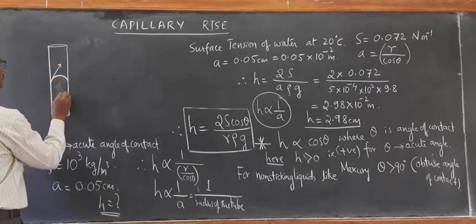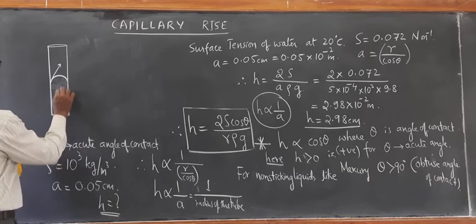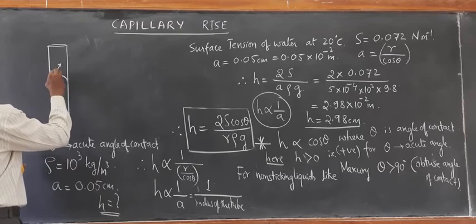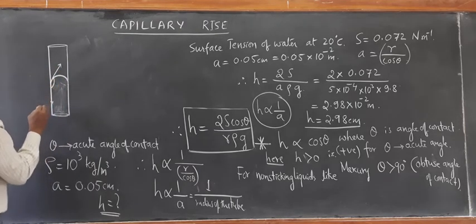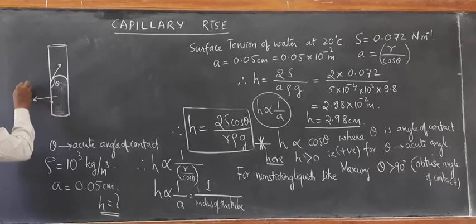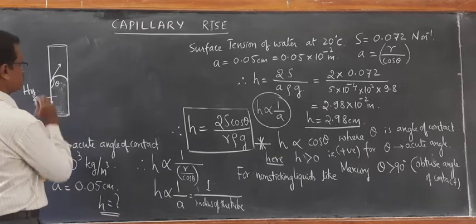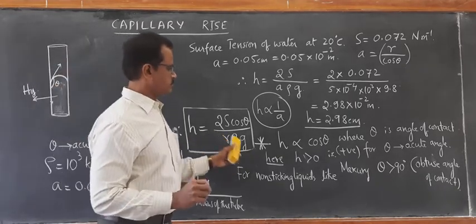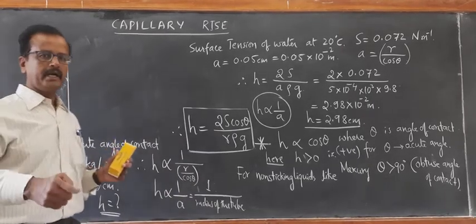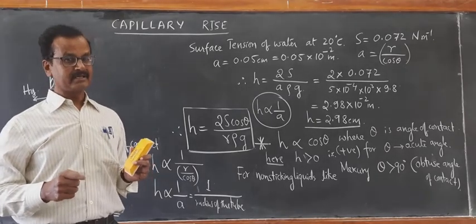This is the mercury and it will form a convex surface with the solid. This angle made in the interior side of the liquid is obtuse angle. So when you take such mercury in a mercury trough, suppose you have taken a capillary tube and dipped in the mercury trough, a very interesting thing takes place.